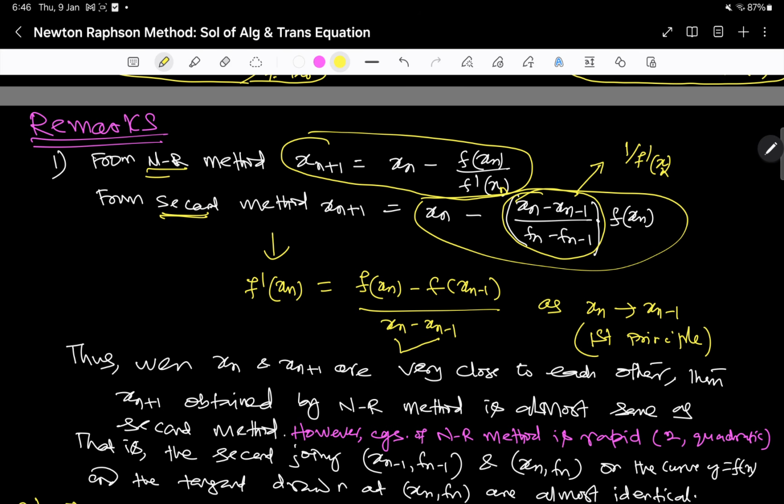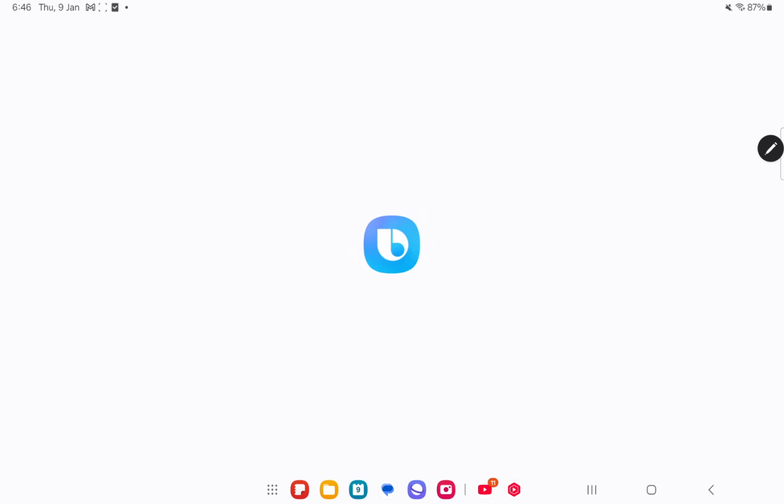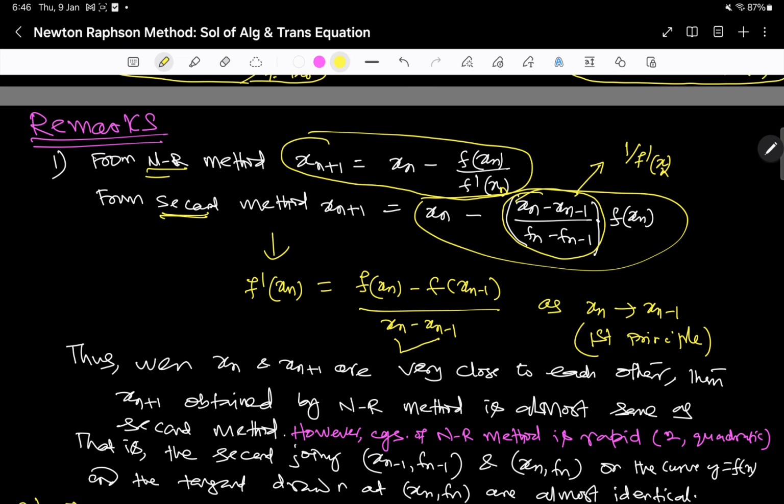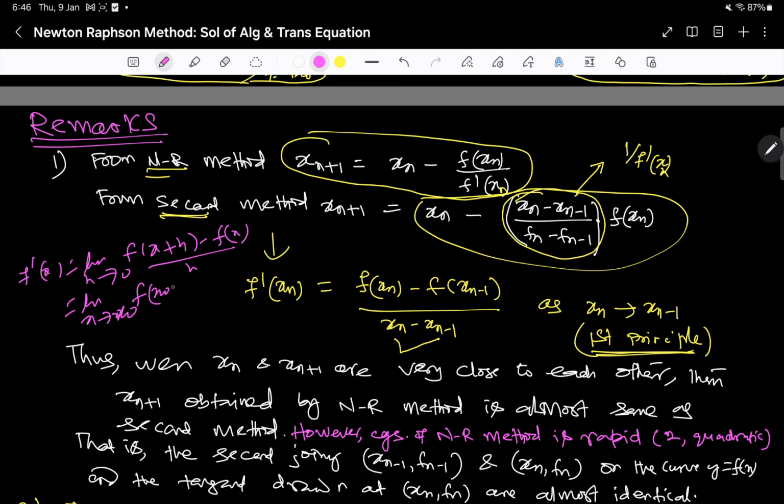So in view of comparing the second method and your NR method, we know from the derivative first principle formula, right? F dash xn is this, is it not? Is it not your first derivative formula? F dash x is limit h tends to 0 of f(x plus h) minus f(x) by h, or equivalently limit x tends to x0 of f(x) minus f(x0) by x minus x0.